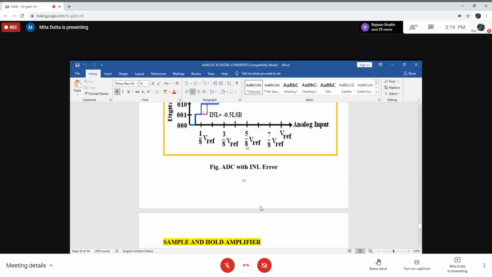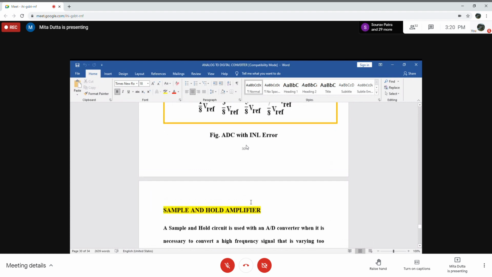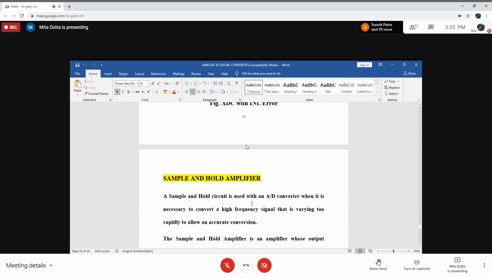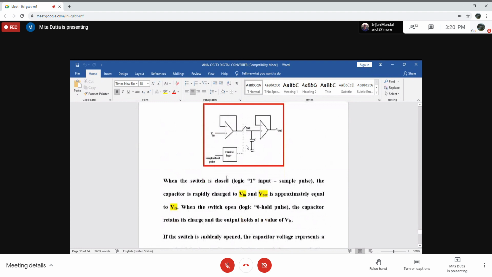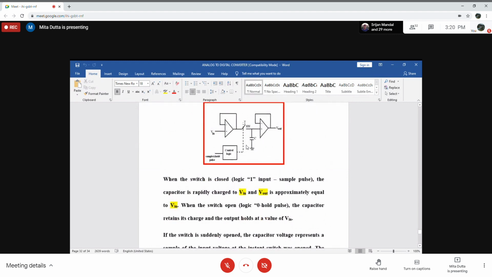Now, I have told you that if we have a voltage changing with time, then in that case the ADC will not convert the actual digital equivalent of the analog input. So we need a sample and hold amplifier. The sample and hold amplifier works in two modes, one is sample mode and another is hold mode, and it actually consists of a capacitor and a switch.